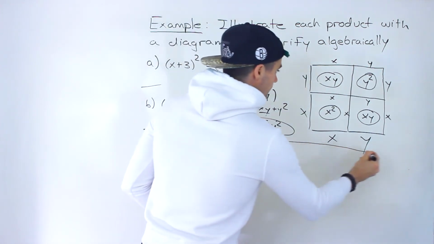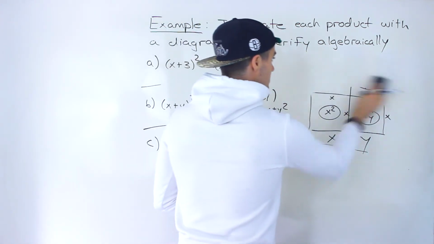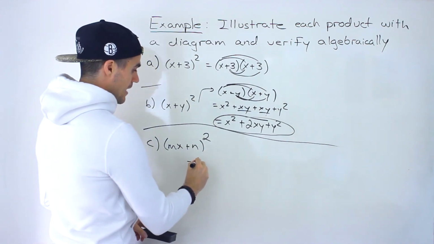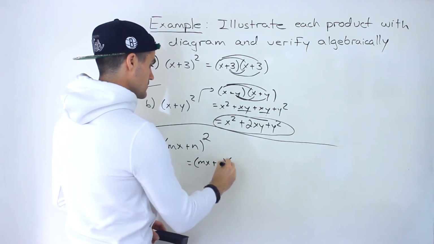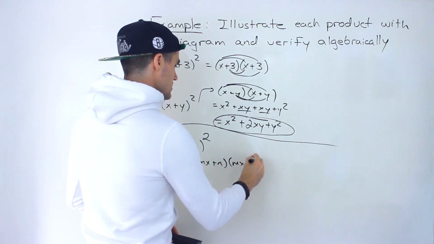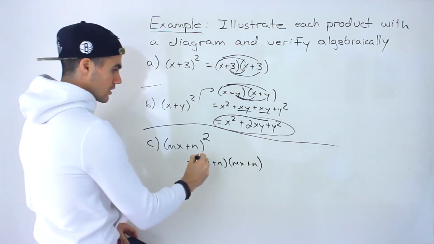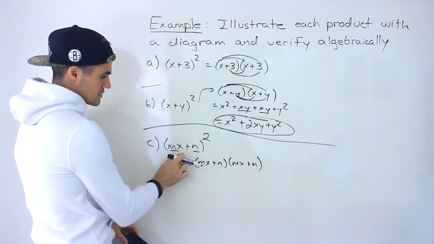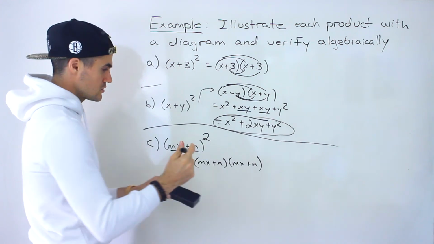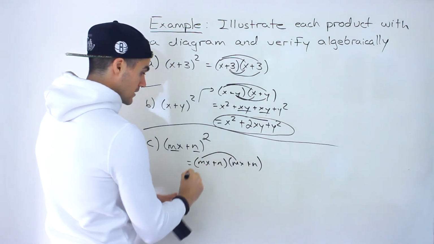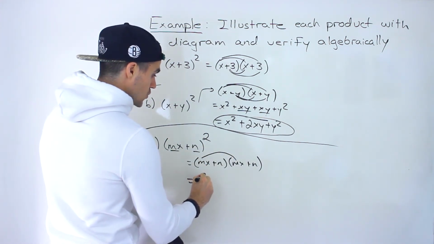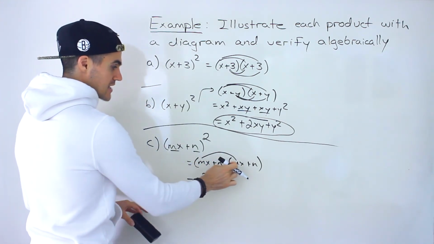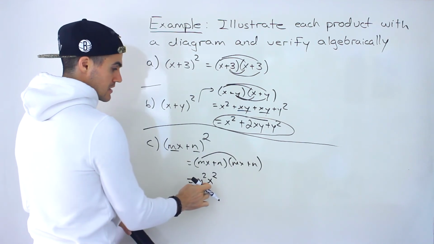And then over here, we'll have mx plus n squared, which is like mx plus n times mx plus n. Now just be careful here because it's still a binomial, it's still 2 terms, but this term here has 2 parts to it. So we'll have mx times mx, which gives us m squared x squared, right? m times m is m squared, x times x is x squared.